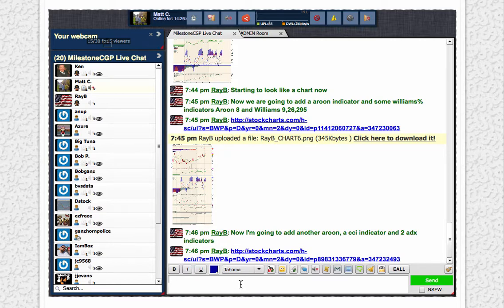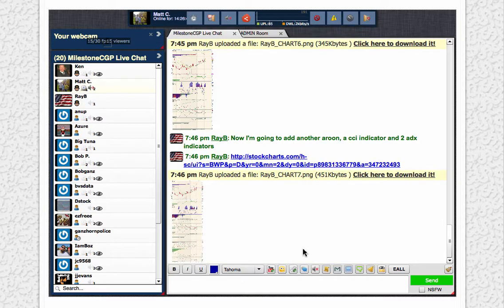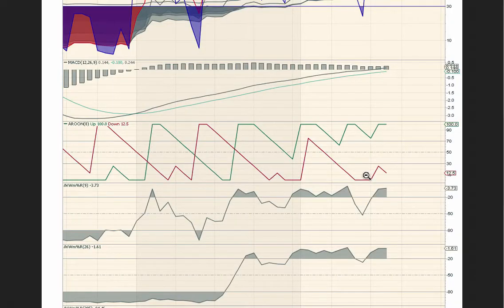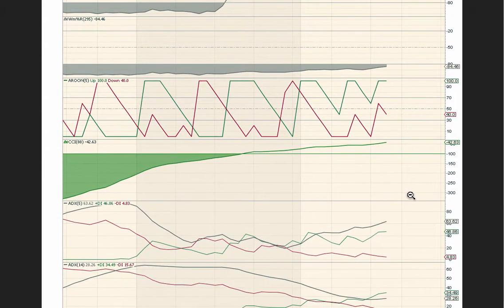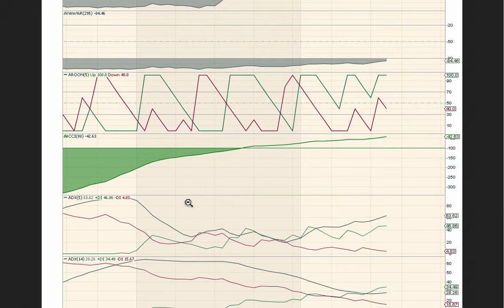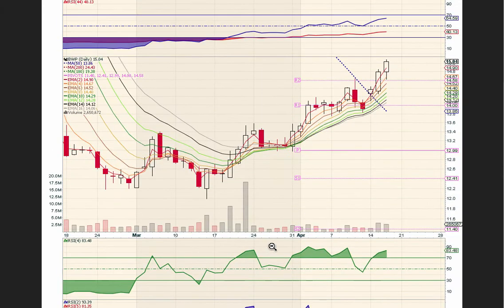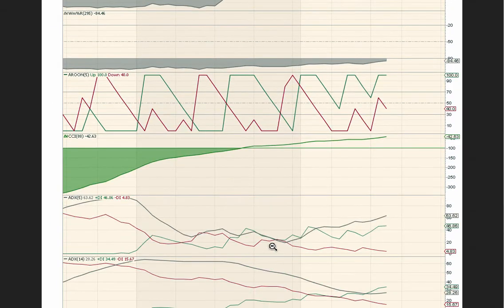Again, if you can't see it on this link here, if you're not a member, use the download, double click on the chart, it'll enlarge it, and then just scroll. Scroll right down to the bottom and you'll see your CCI, then you'll see your ADX5 and your ADX14. Every single one of these indicators plays a role.